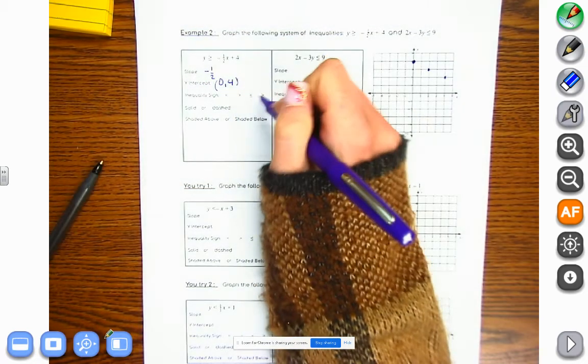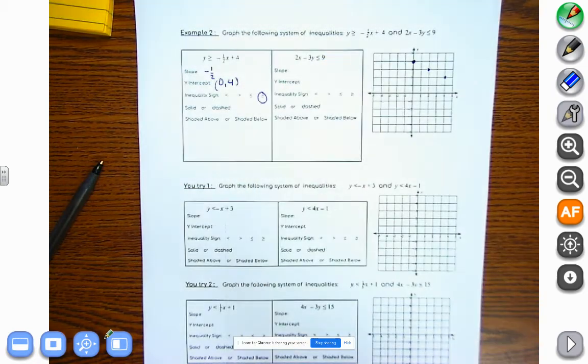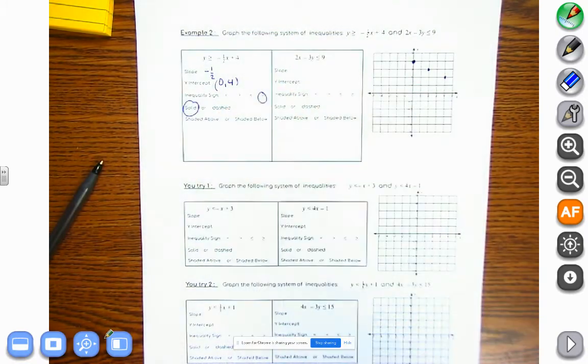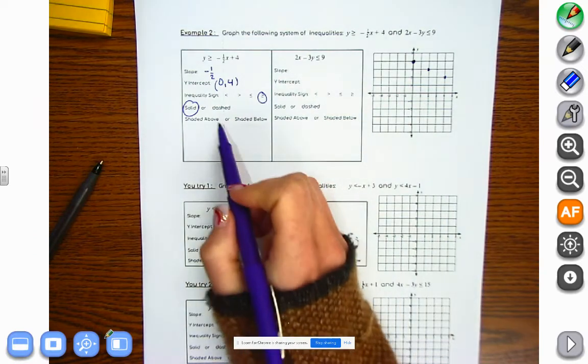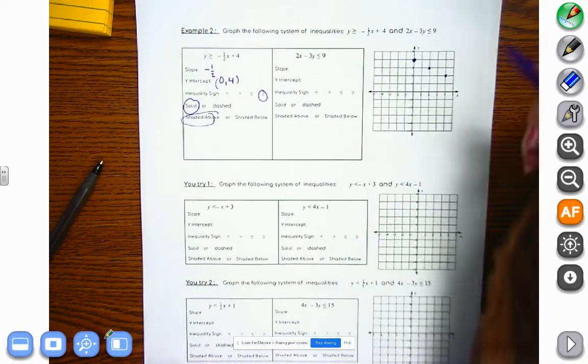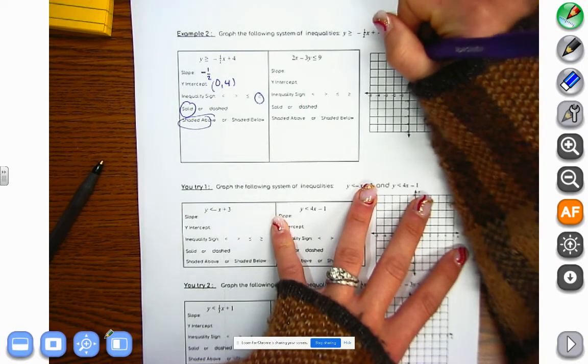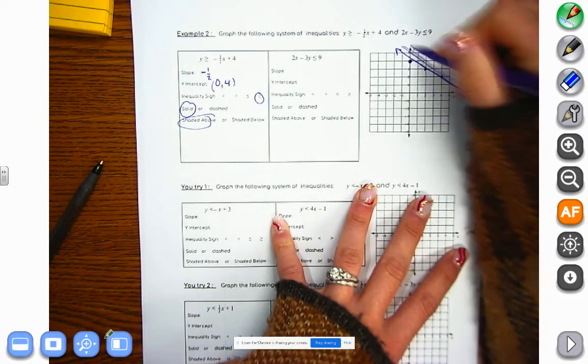This is a greater than or equal to sign. So we are going to say it's a solid line because we have the equal to, and it's going to be shaded above because of the greater than. So we have a solid line shaded above.